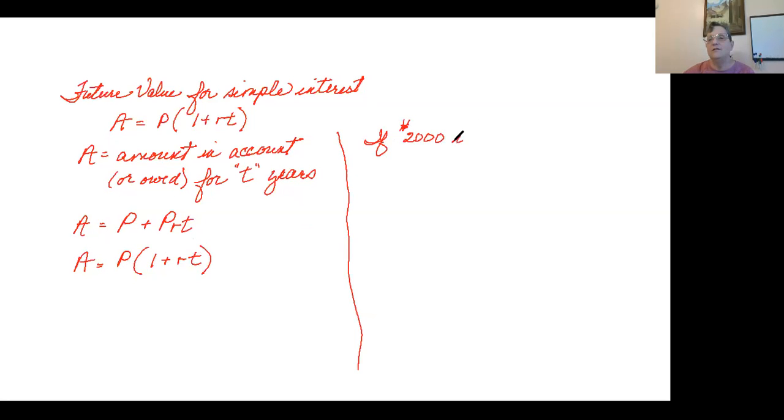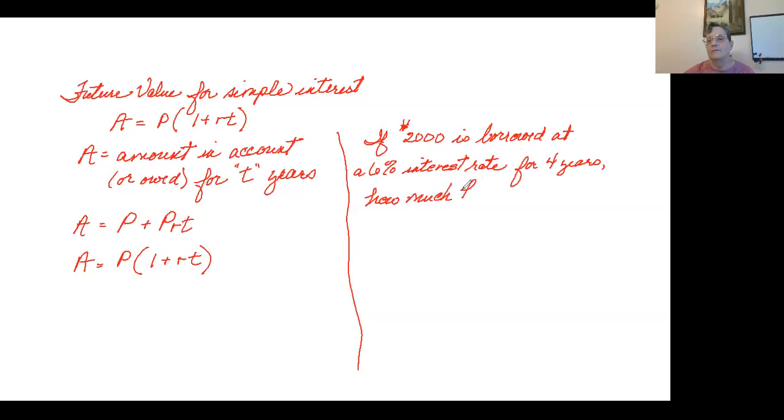If $2,000 is borrowed at a 6% interest rate for 4 years, how much has to be paid back?